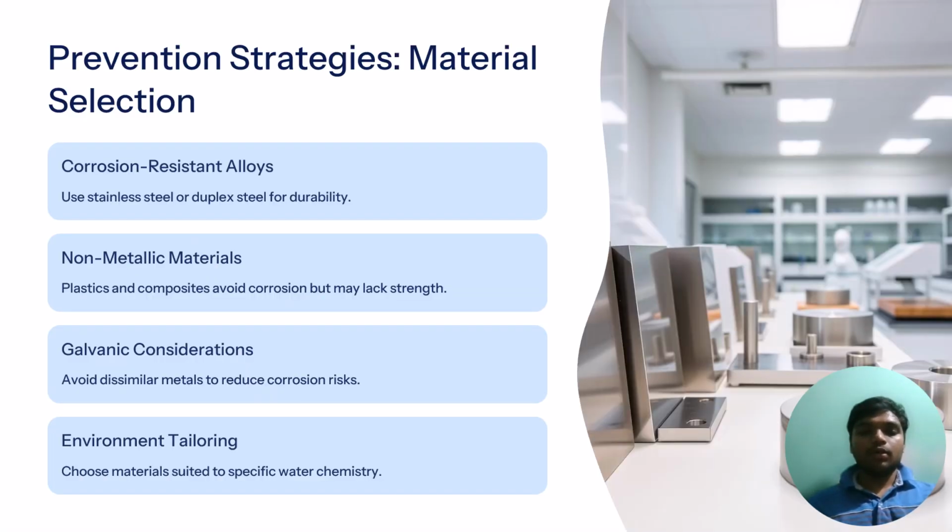Now let's talk about corrosion. Waterline corrosion is a critical issue that can lead to significant problems in plumbing systems, affecting both the integrity of the pipes and the quality of water.